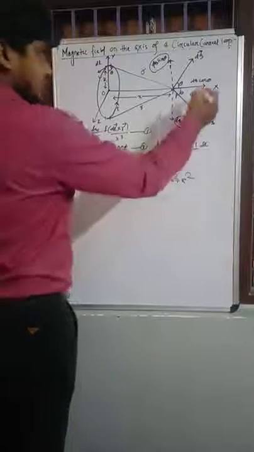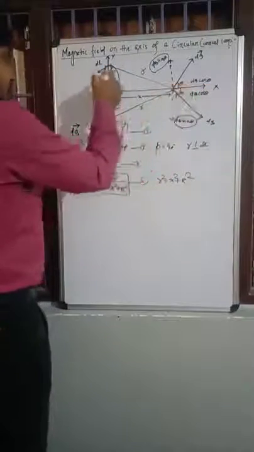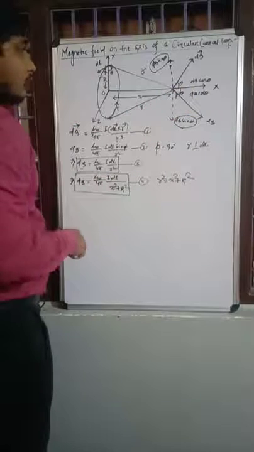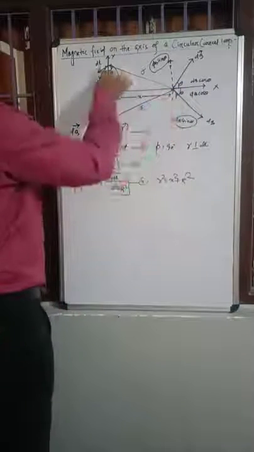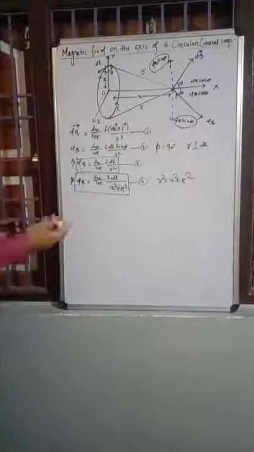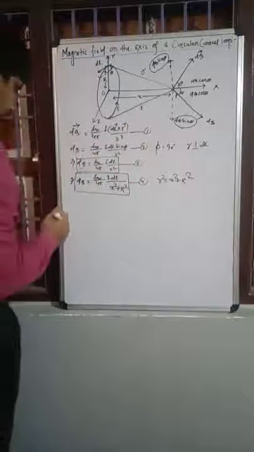Hence, the magnetic field at this point P due to the entire loop will be the sum of the dB cos theta terms. If you sum all over this dB cos theta, then you will get the net magnetic field, or you can also integrate.